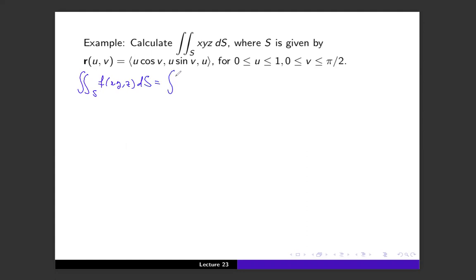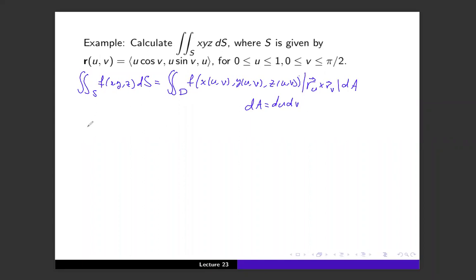That's the double integral over D of f of x(u,v), y(u,v), z(u,v), times the magnitude of r_u cross r_v dA, where dA in this case means du dv.